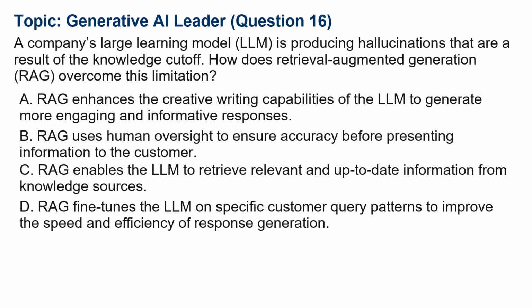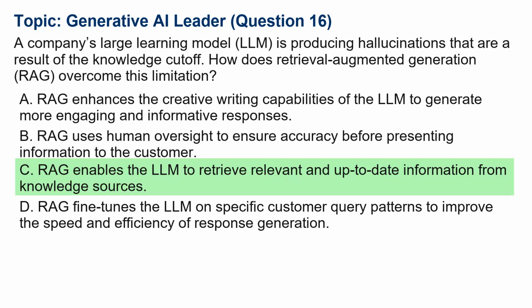B. RAG uses human oversight to ensure accuracy before presenting information to the customer. C. RAG enables the LLM to retrieve relevant and up-to-date information from knowledge sources. D. RAG fine-tunes the LLM on specific customer query patterns to improve the speed and efficiency of response generation.